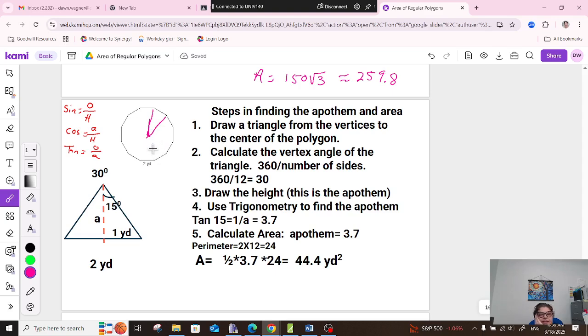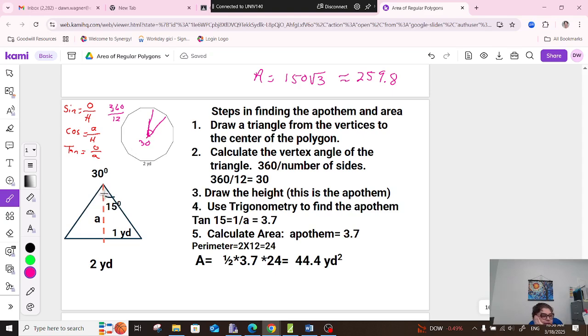How many sides is this one on your paper? 12. What is 360 divided by 12? 30. But that means the whole triangle, this vertex angle is 30, right?